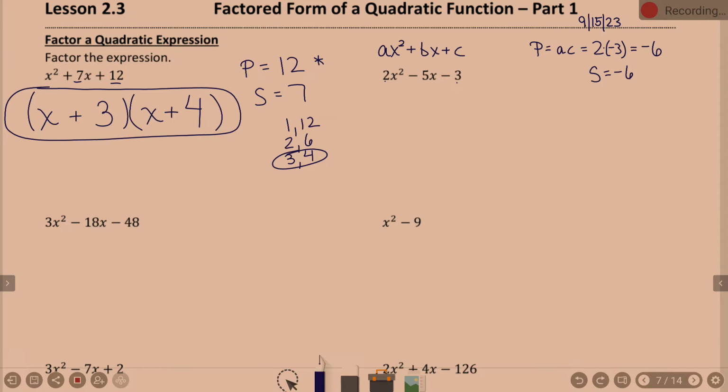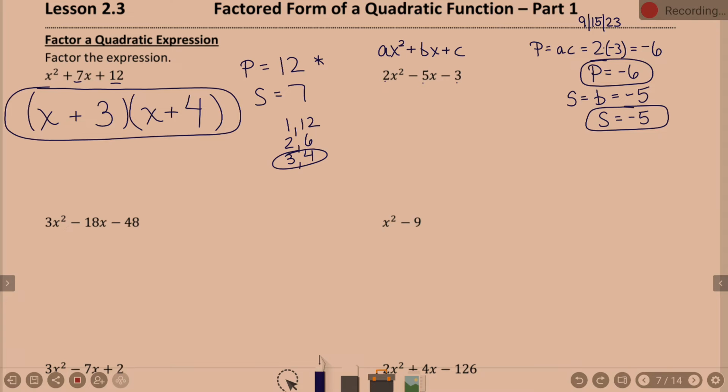Whoops, I just wrote that wrong. Try this again. Okay. That was a product of negative 6. And then a sum of the B value. And my B value is what? Negative 5. So, I'm looking for two numbers that give me a product of negative 6 and a sum of negative 5.